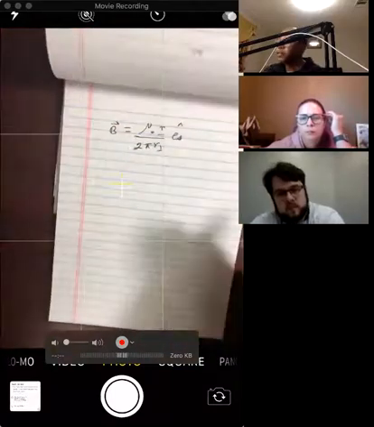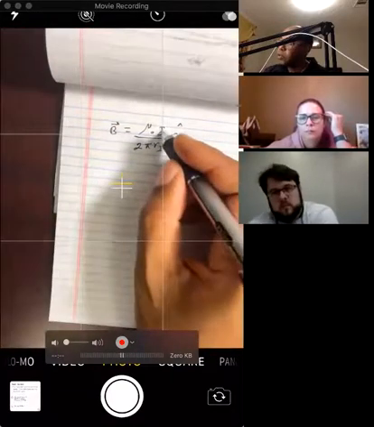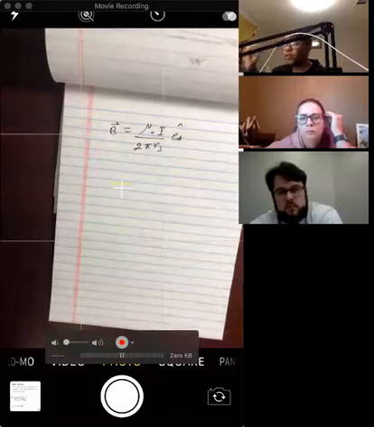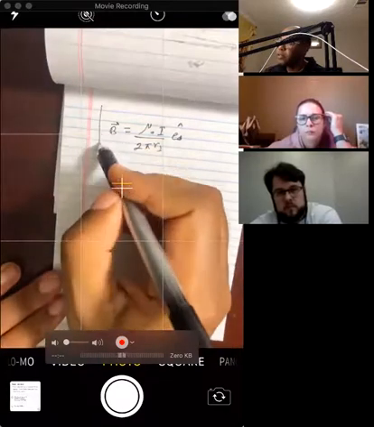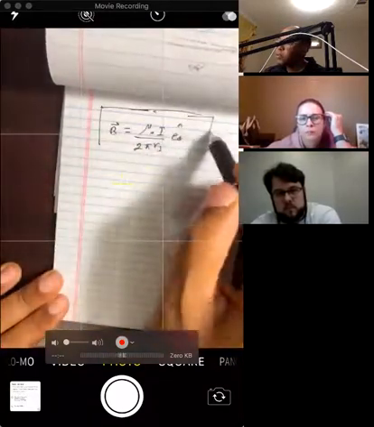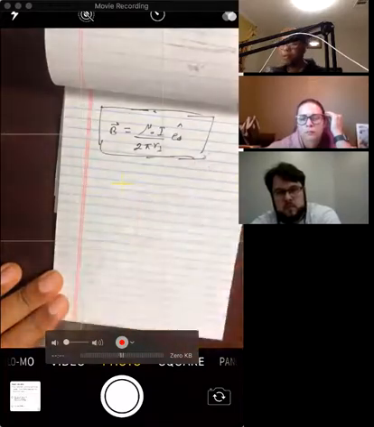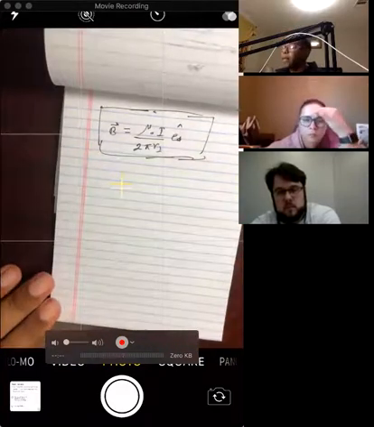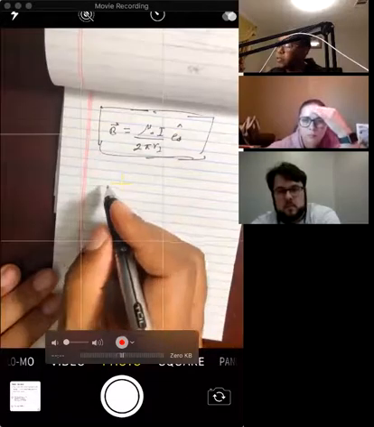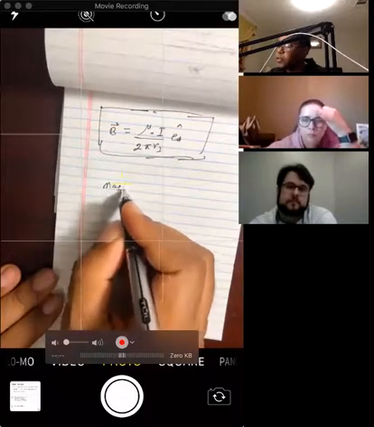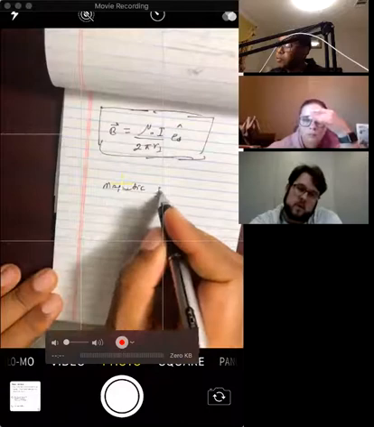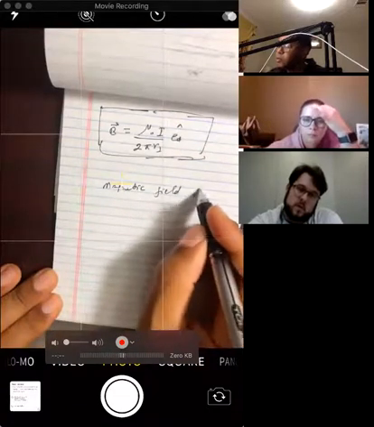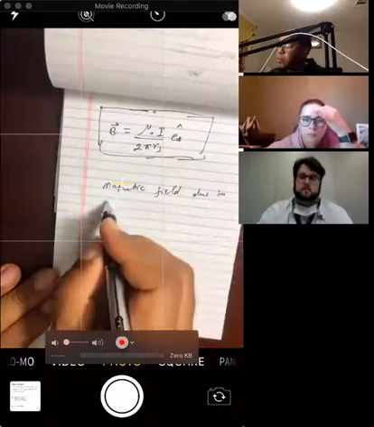The current is positive if it is counterclockwise, negative if it's clockwise. We derived this in the last section, but now we're able to do it very easily using Ampere's law. Next we're going to look at the magnetic field due to a solenoid.